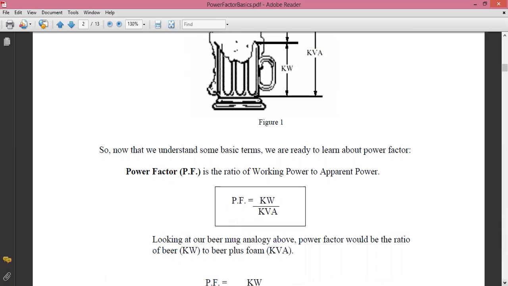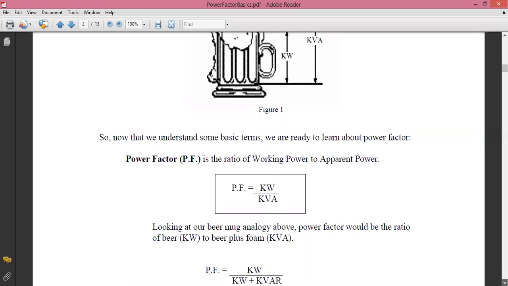So the power factor is basically equal to kW upon kVA. Looking at our beer mug analogy, power factor would be the ratio of beer to beer plus foam. That means kW is beer, and kVA is basically beer plus beer foam. So here the power factor is defined as kW upon kW plus kVAR.